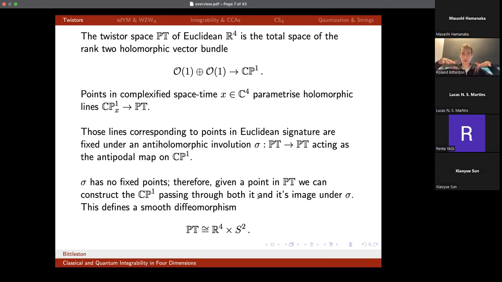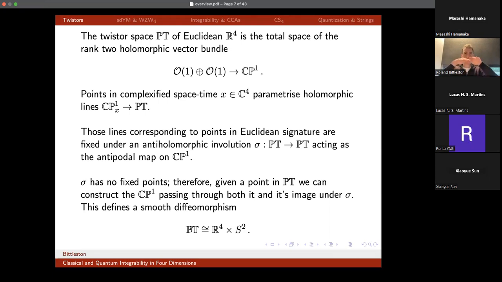You can think of twistor space as R4 cross S2, but not as a complex manifold. In fact, you can think of this S2 as parameterizing the complex structures on the tangent space of R4. So if I'm at a point in twistor space, that means I'm at a point in R4 and a point on the S2.